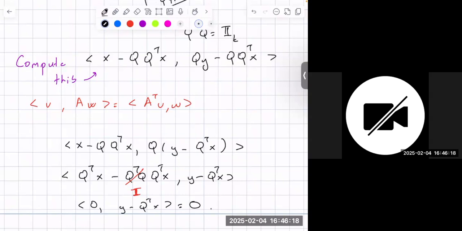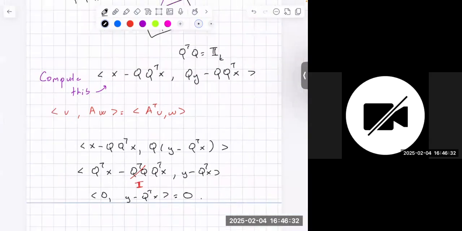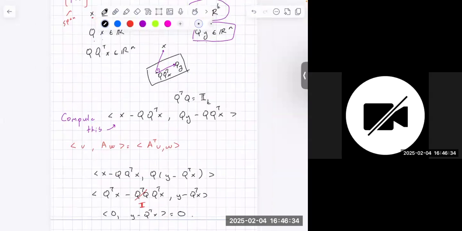So this shows that Q transpose X was the projection, because I started with whatever QY. Y didn't have any role in anything, yeah? And I ended up saying these two vectors are actually orthogonal to each other. Remember our discussion with the Pythagorean stuff. Being orthogonal means being the closest, and that means that this Q transpose X is actually what we're looking for.